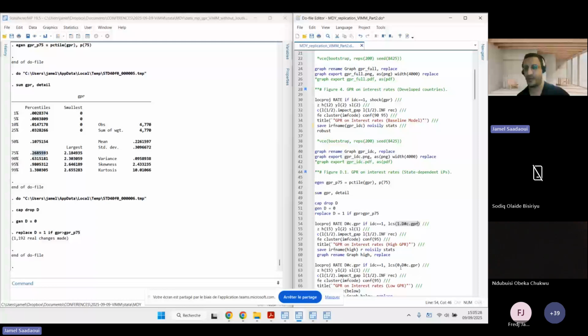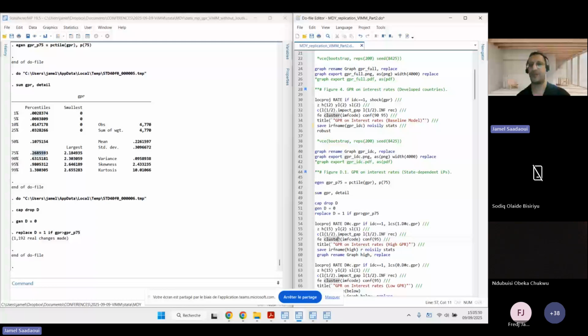So the syntax is a bit different, but not too complex. I use 15 horizons, 2 lags for the rates, 1 lag for the interaction, and 2 lags for the controls. We have a control for the recession, fixed effects, standard errors clustered at the country level, and a confidence interval at 95.